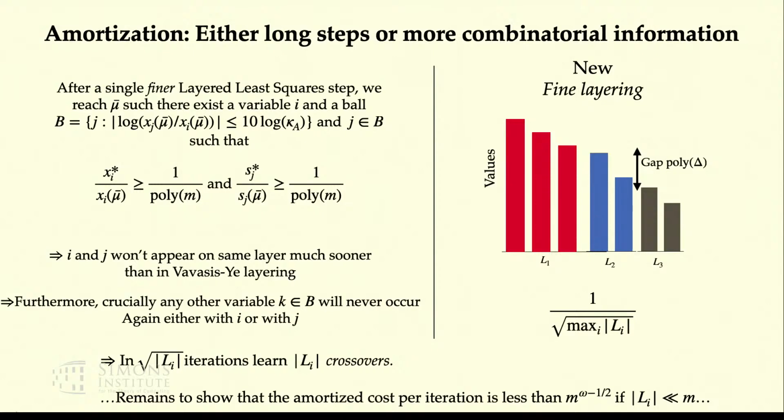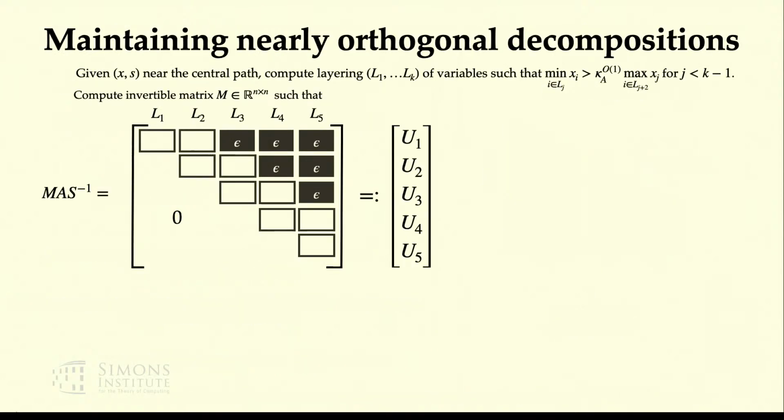In the following, you perform some matrix operations that turn your constraint matrix into one that corresponds to your layering in the following way. So let's look again at our layering. We have that the values of my variables are separated whenever the index is at least 2 apart.